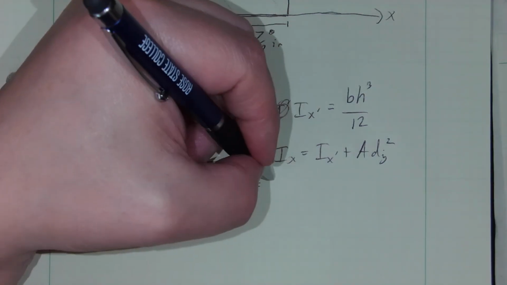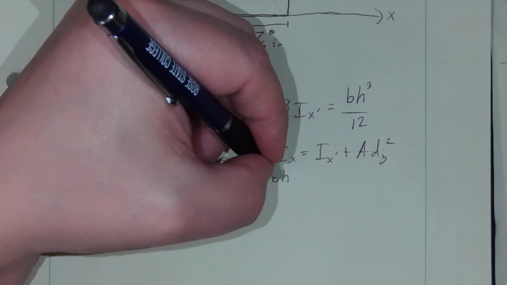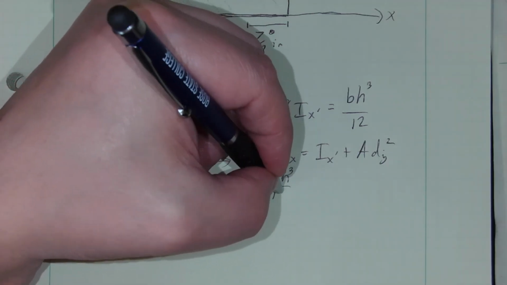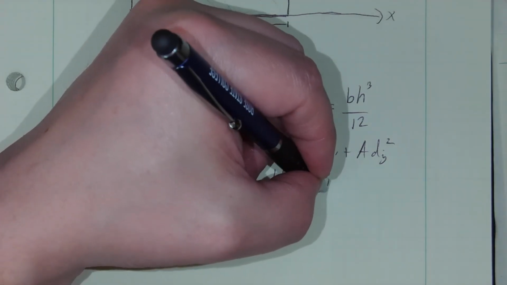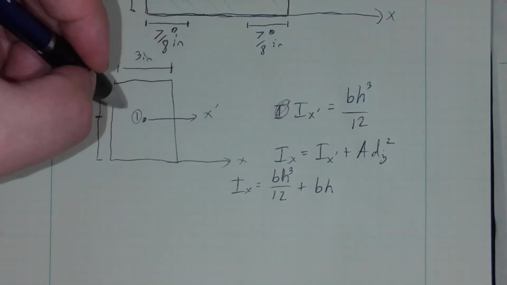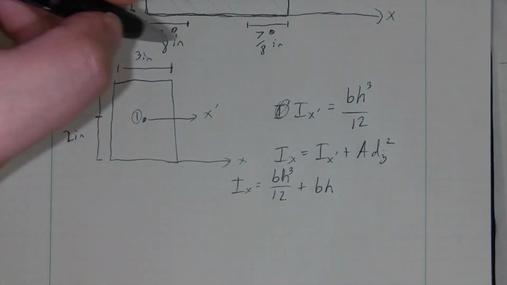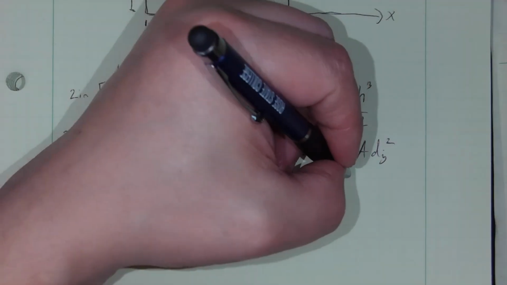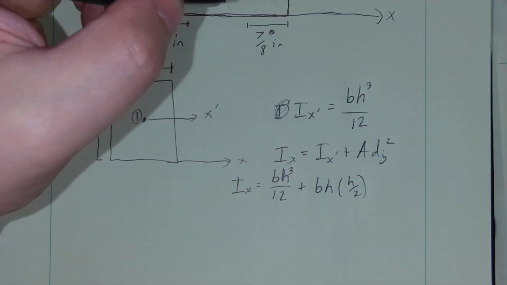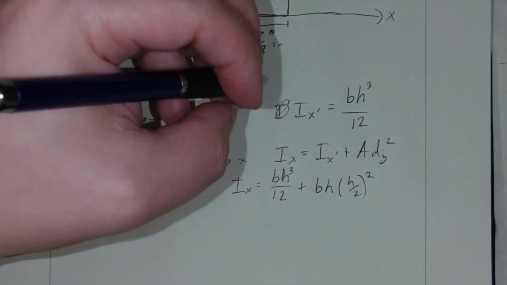Ix is equal to, and I'm going to do this before I plug numbers in, bh cubed over 12 plus the area, the base times the height, times d sub y squared. In this case, d sub y is going to be half of the height, h over 2, and that's going to get squared.